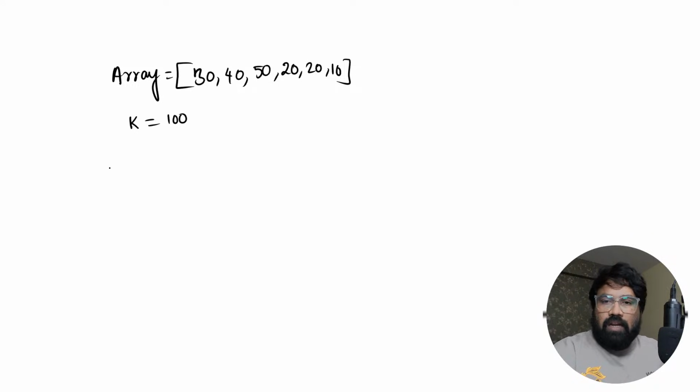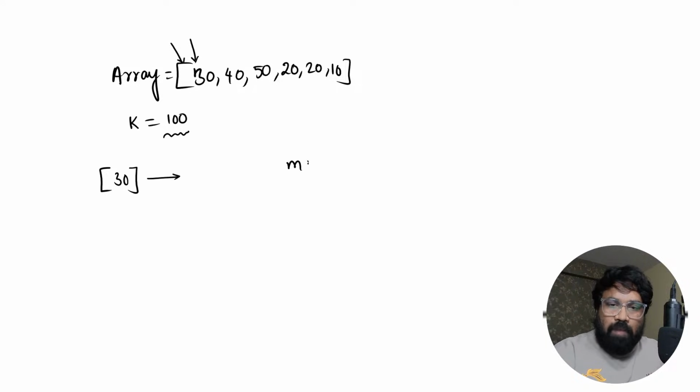It will start from 30. I told you, the starting and ending pointers start at the same place. 30. Now tell me, guys, is 30 more than 100 or less than 100? Less than 100, right?